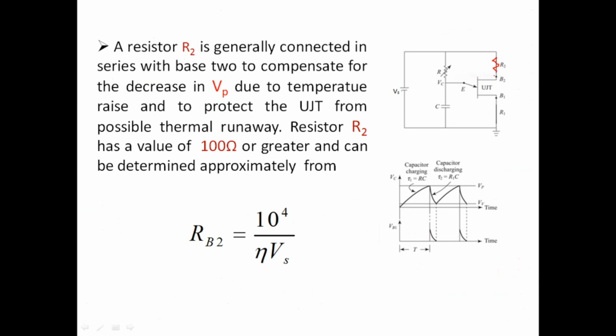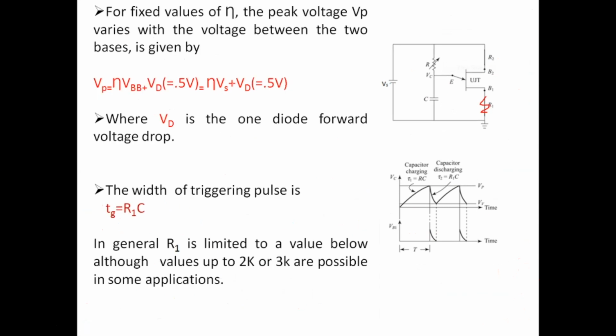As I told, the V peak formula is eta into Vs plus Vd. When exactly this firing pulse will generate depends upon V peak, meaning when exactly the capacitor voltage will exceed this. But this V peak depends on temperature also, because Vd will change when temperature changes.